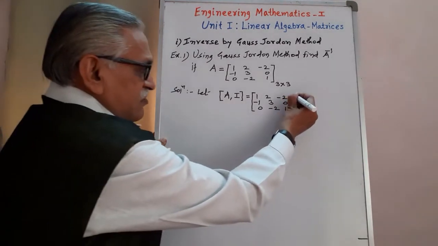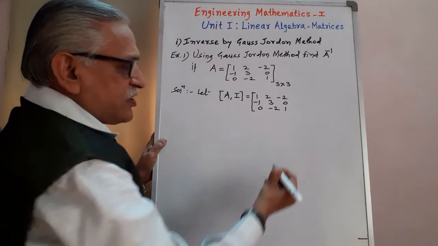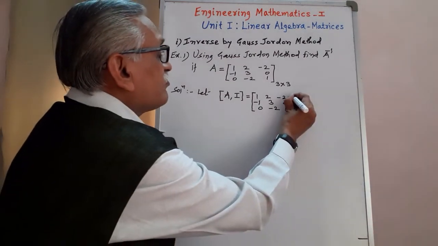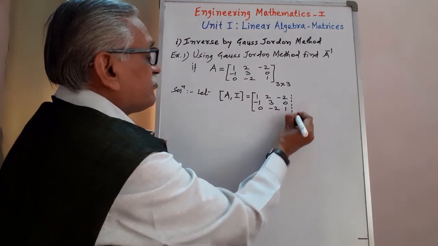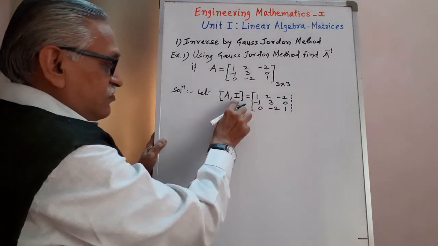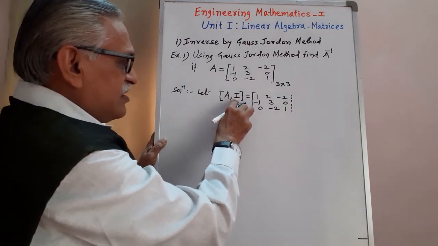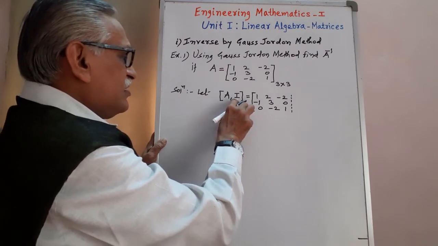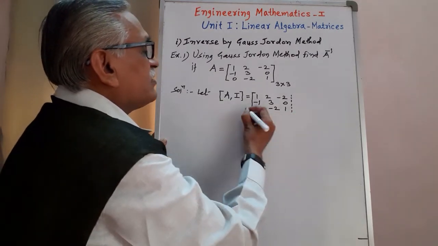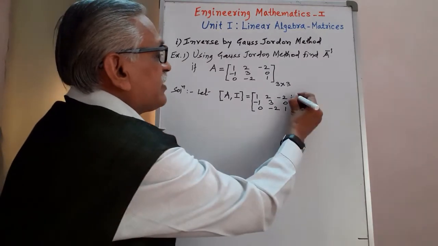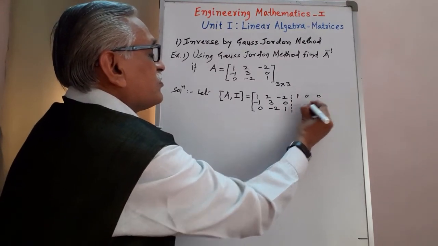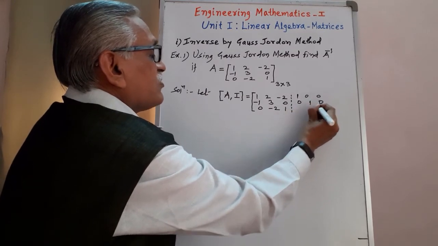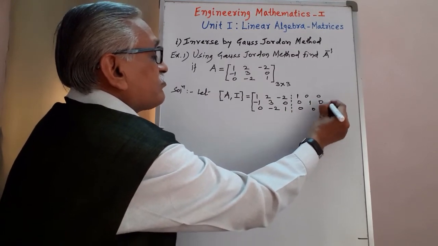Then by drawing a dotted line, we combine with the identity matrix of the same order, 3 by 3, and therefore it has the elements 1 0 0, 0 1 0, 0 0 1.